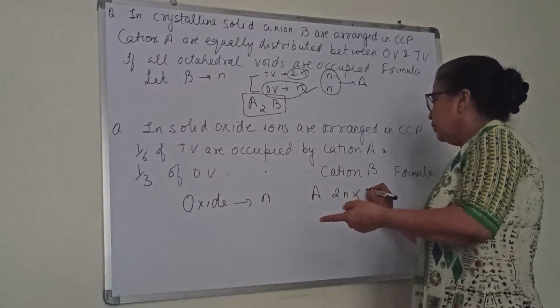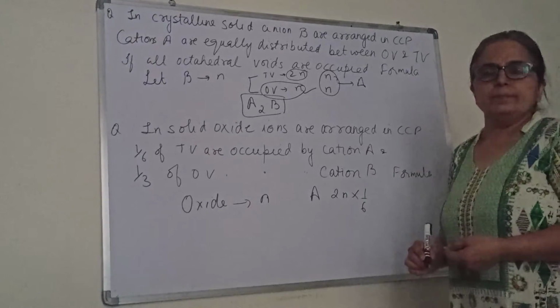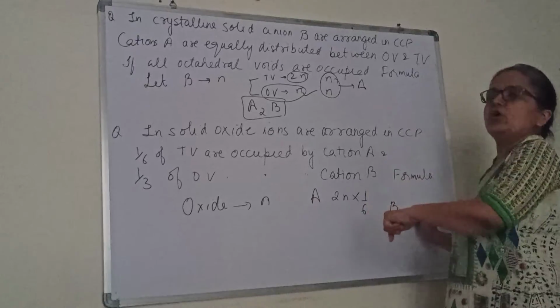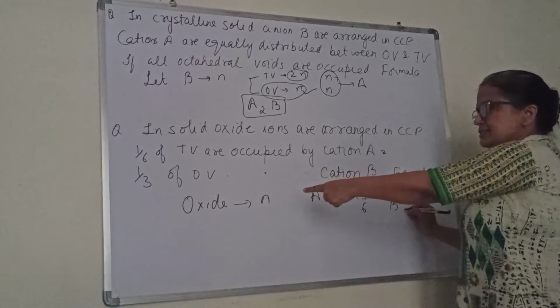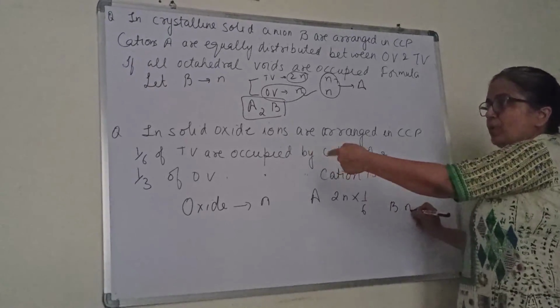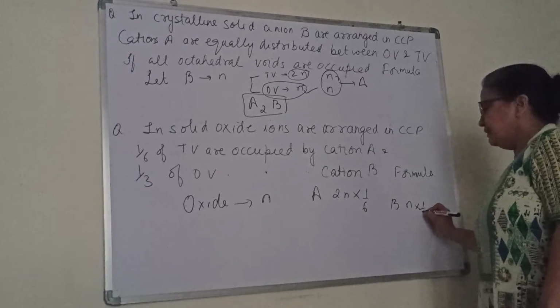And out of that 2n, 1/6 only A is occupying. And what about B? B is occupying 1/3 of octahedral voids. So if n is the number of oxide, how many octahedral voids are there? n. And 1/3 of this is occupied.